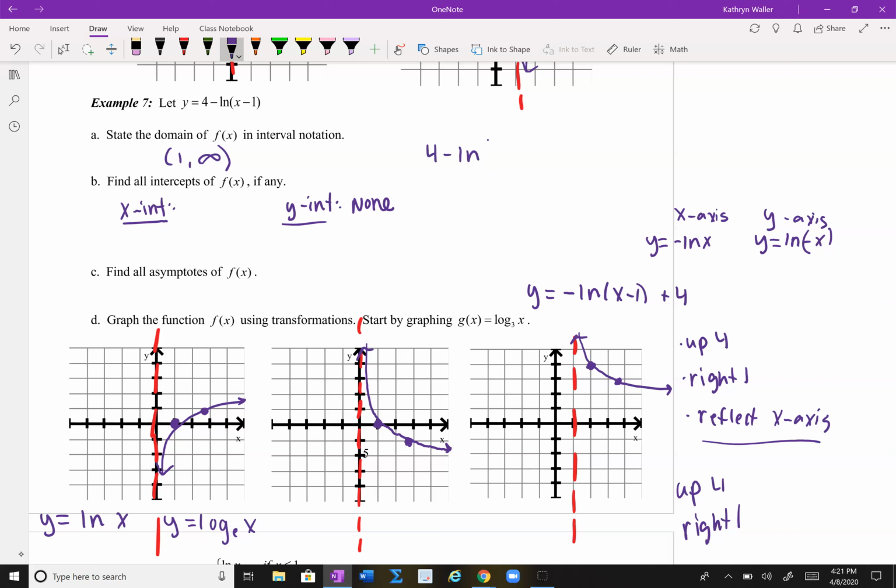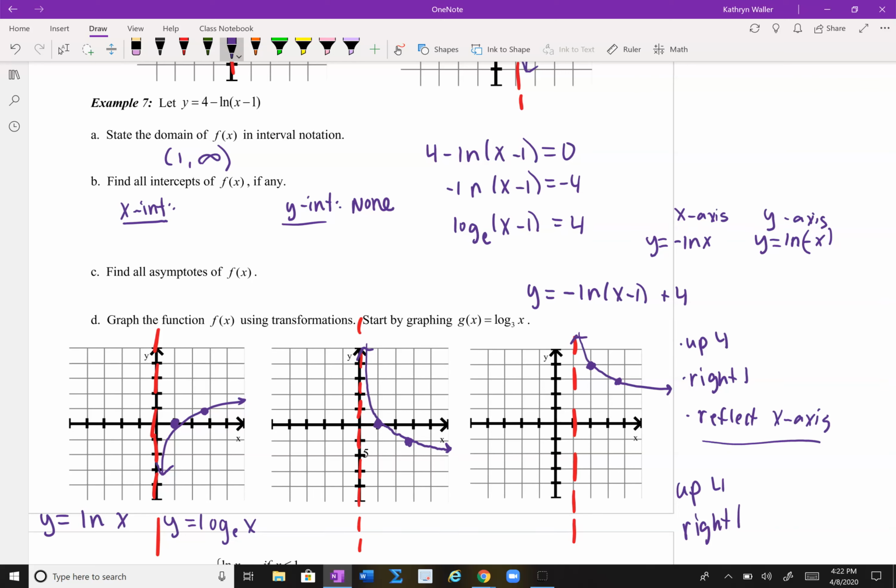So everybody go 4 minus ln of x minus 1 equals 0. Move my 4 over. So negative ln of x minus 1 equals negative 4. Change my signs. ln of x minus 1 equals 4. Now remember that ln is the same thing as log base e.